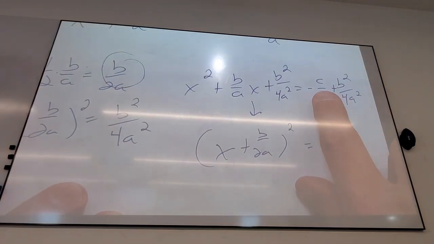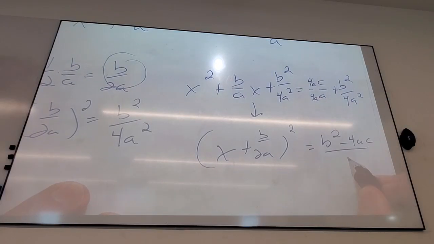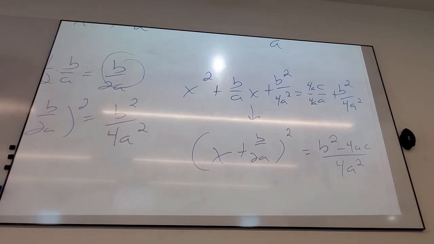Now, fraction, fraction. How do I combine those fractions? No. So I need to multiply this by 4a and 4a, yes? To make 4a squared. So I get b squared minus 4ac over 4a squared. Is that cool? I just gave it what it was missing, then I could put them together, and that's really looking like the quadratic.